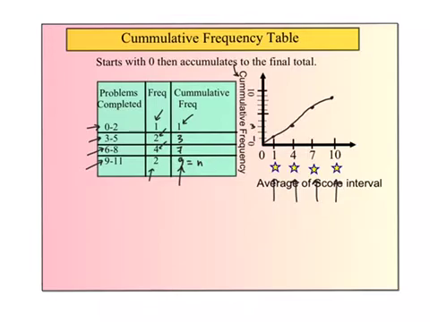So one way you can use this is, since I know there are 9 total people, I could say that, generally speaking, that looks like about 50%, right? This difference here is 4 people, give or take.